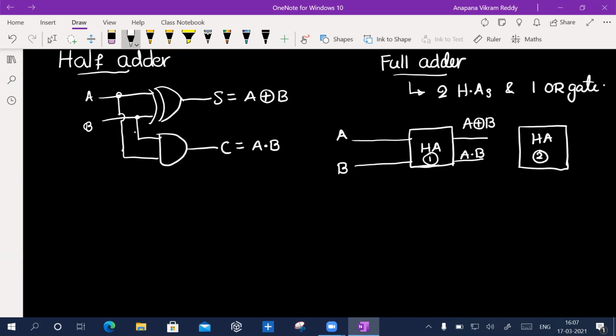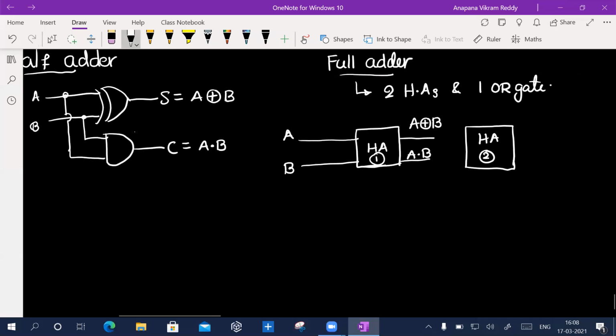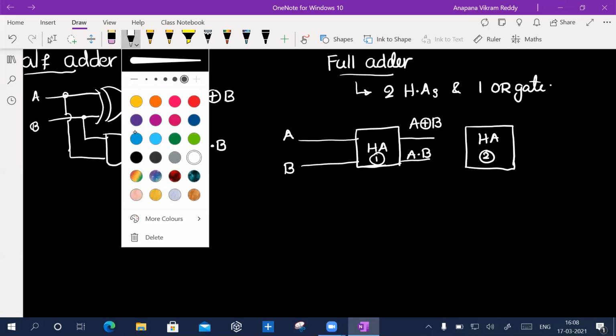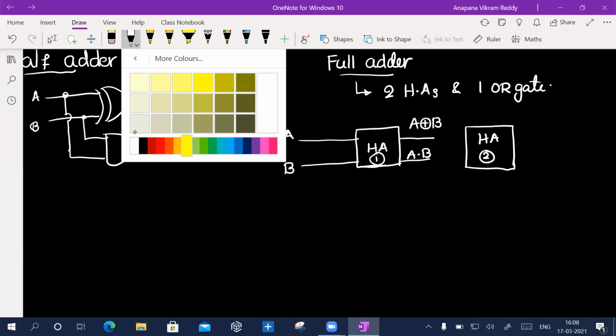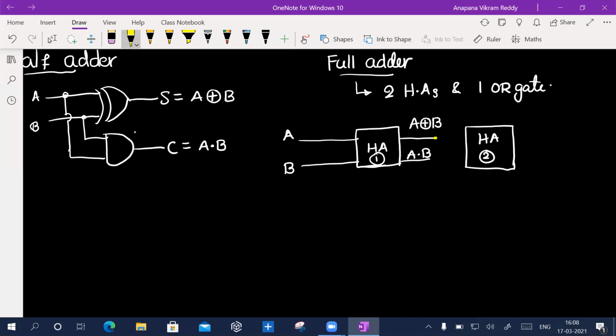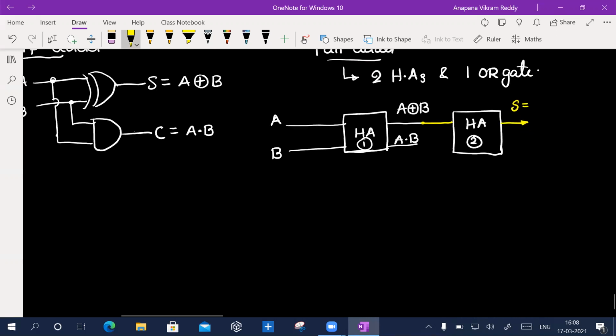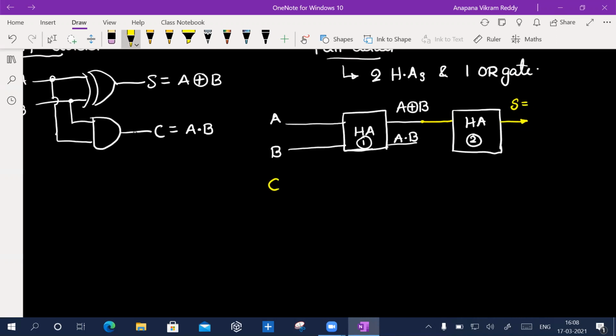So now let me take another color. I'll connect this to this, and the output here is the actual sum, A exclusive OR B exclusive OR C, whatever input we have, say CI.